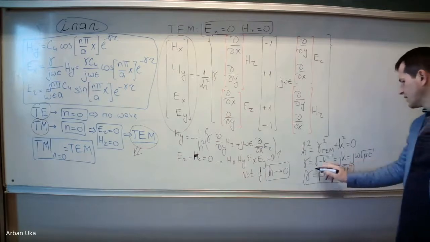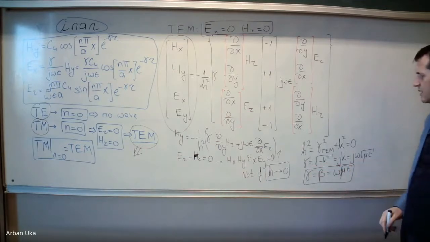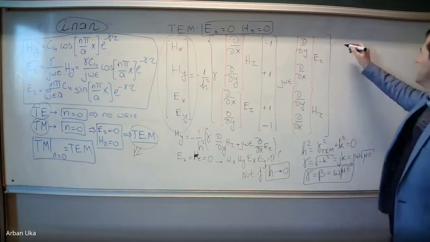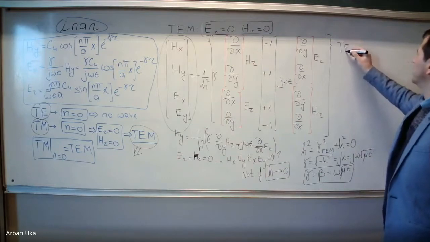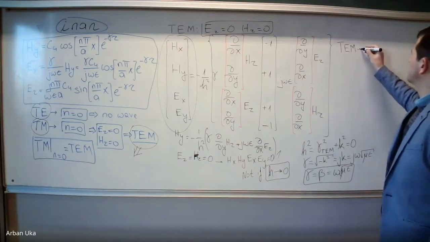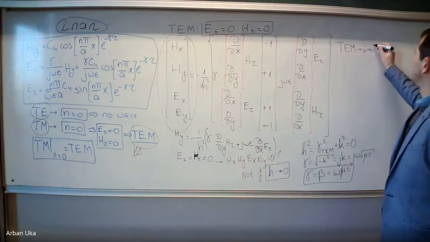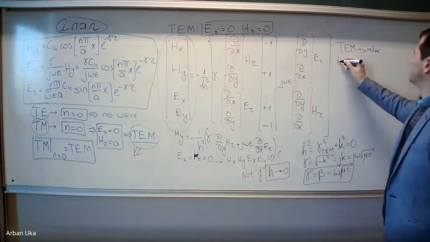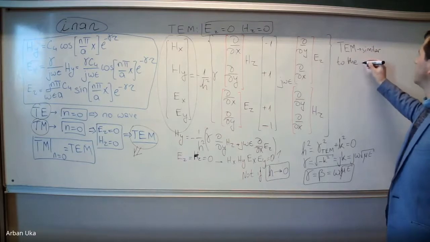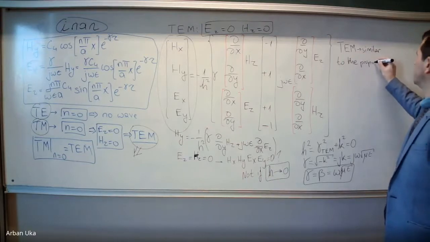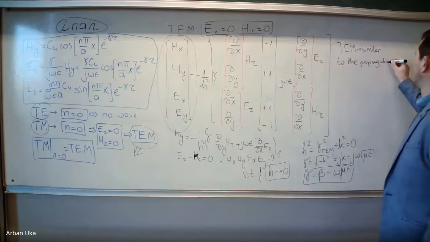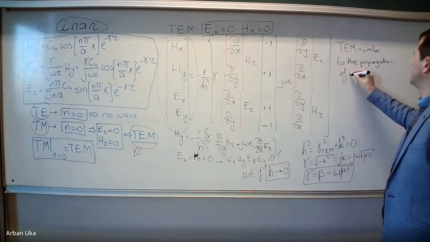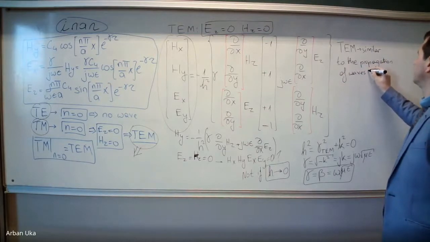So it looks like the propagation constant in a waveguide over the TEM wave is similar to the propagation of waves in vacuum.